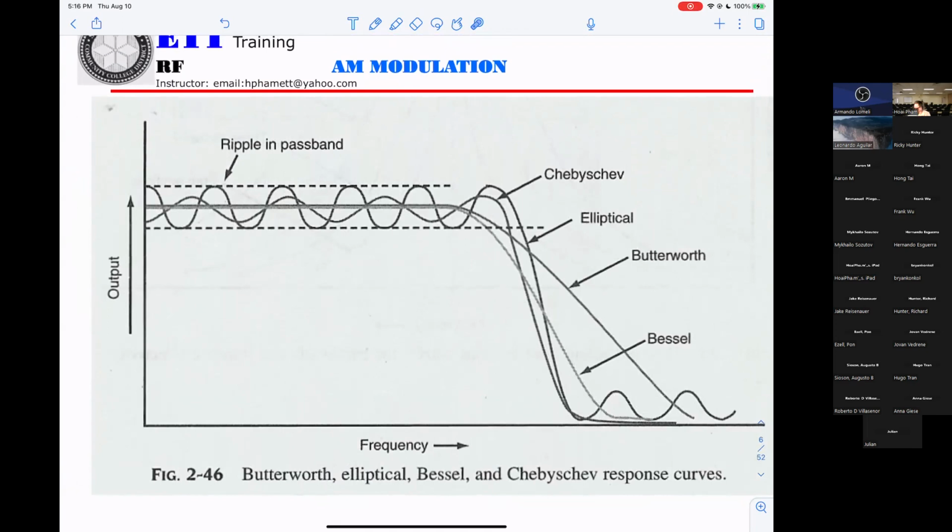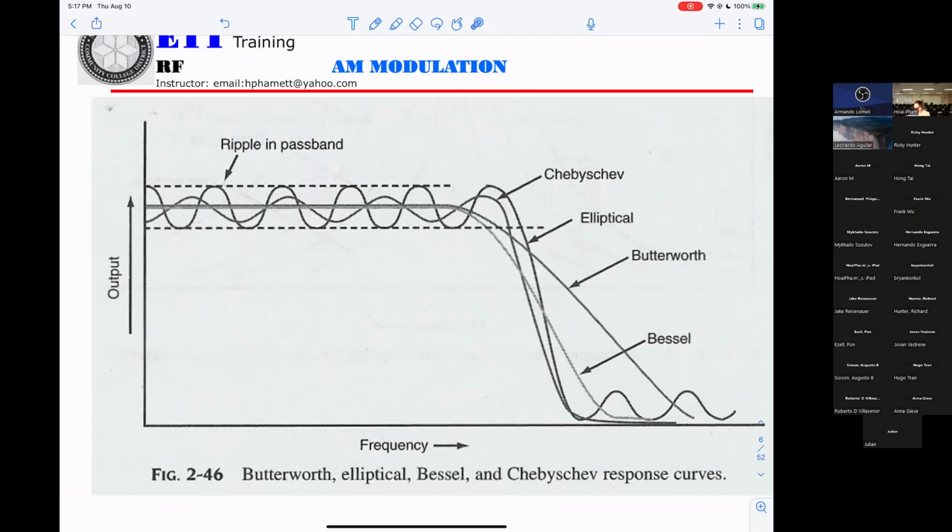And that one we already showed you before. Okay, different filter designed by different engineers.